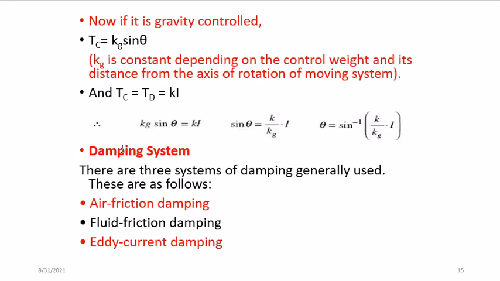Now, we have seen apart from the controlling and the deflecting torque, we have damping torque. And let us see, there are three systems of damping generally that we are using. And these are, sometimes you can damp it using air friction, you can use fluid friction, and you can use eddy current for the damping, as I've already mentioned previously.